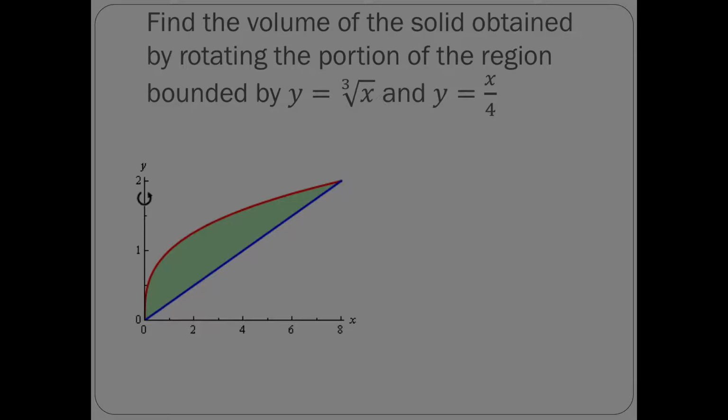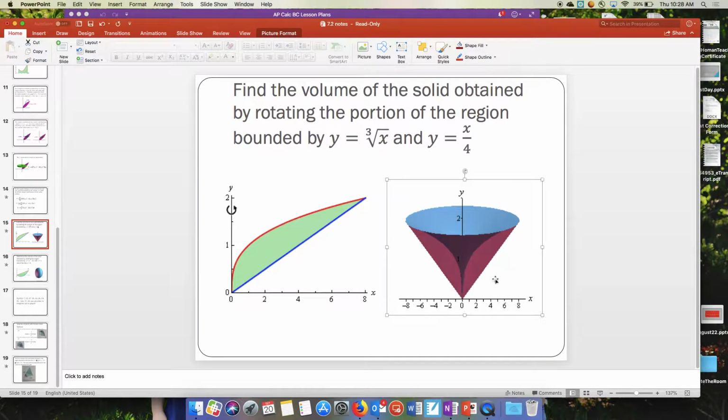Would there be an area similar to that in the third quadrant? Because it's a cube root. Oh, yes. Maybe I just didn't get all of my example typed out. So I should say first quadrant, right? Because there is a similar one. Okay, let's just go. Here's what it would look like.